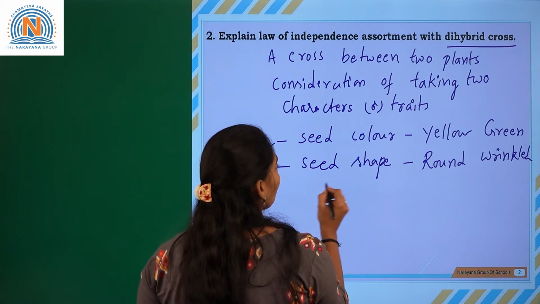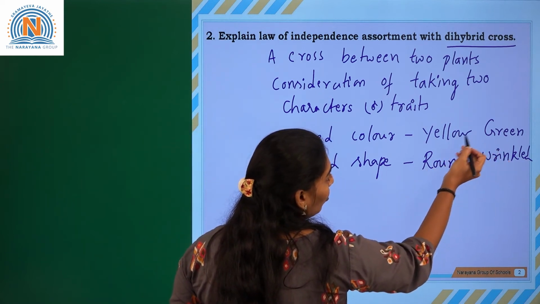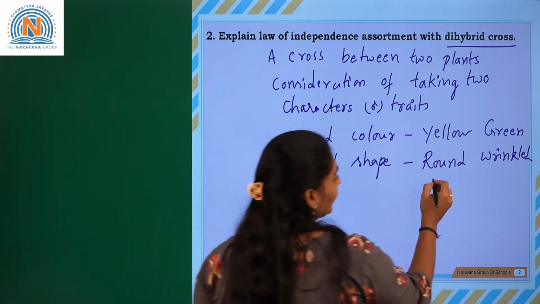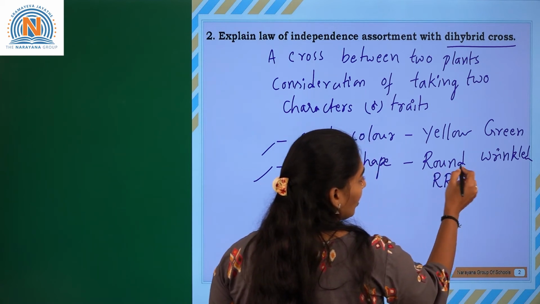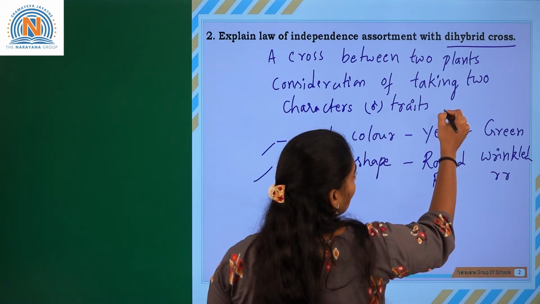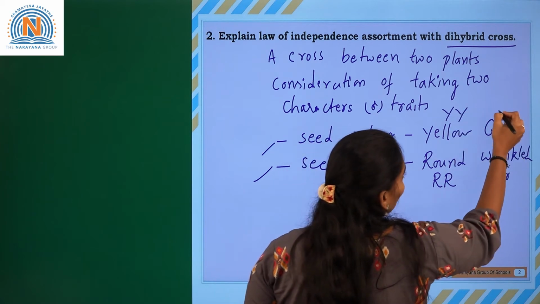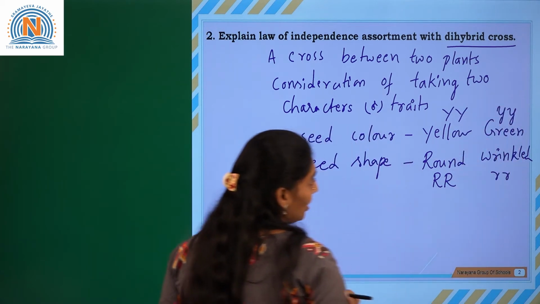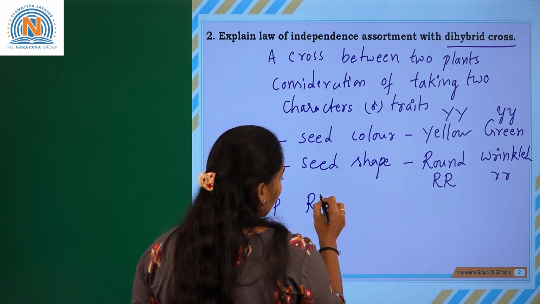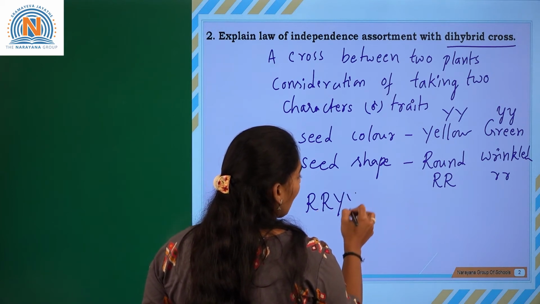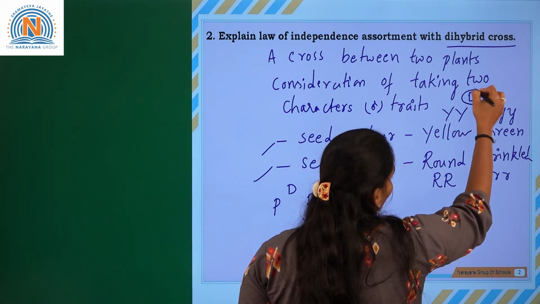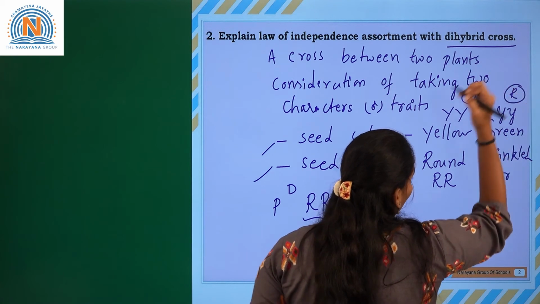Round and wrinkled, yellow and green. Let us express them as alleles: capital R represents round and small r represents wrinkled; capital Y represents yellow and small y represents green seeds. The parental characters capital R, capital Y are dominant, and small r, small y are recessive.